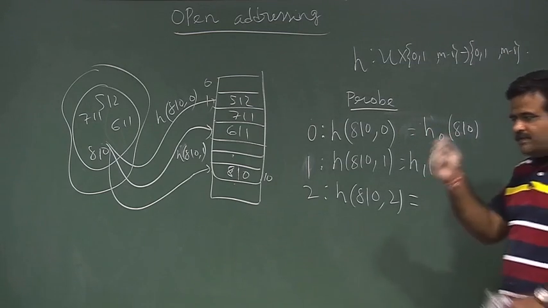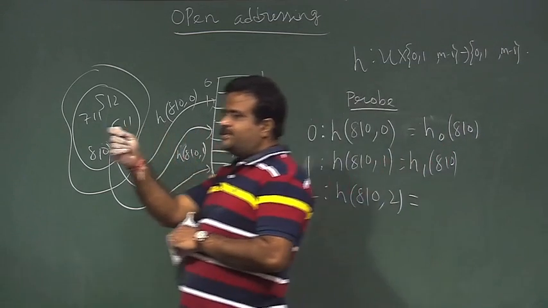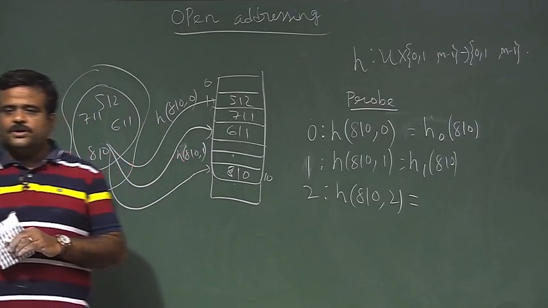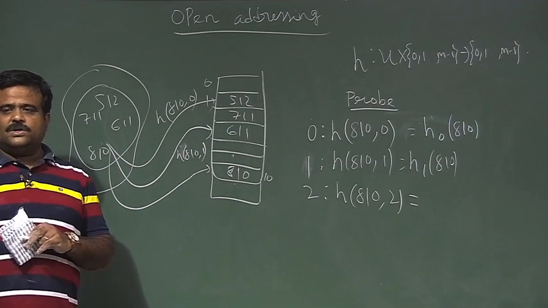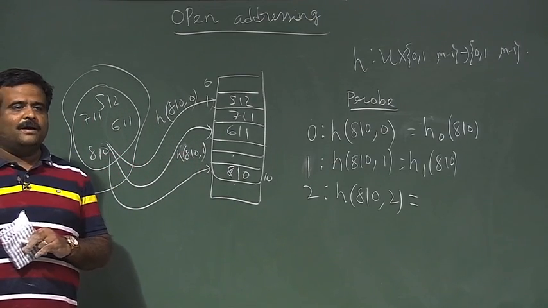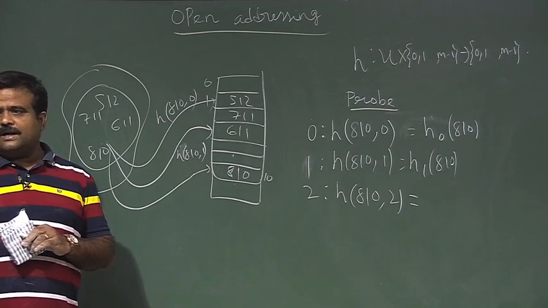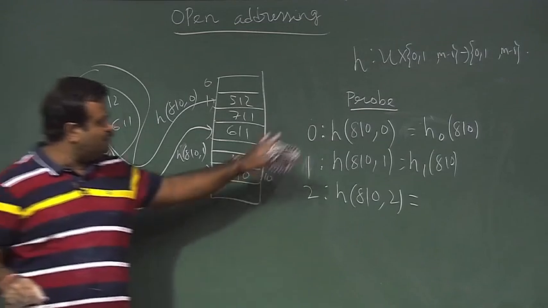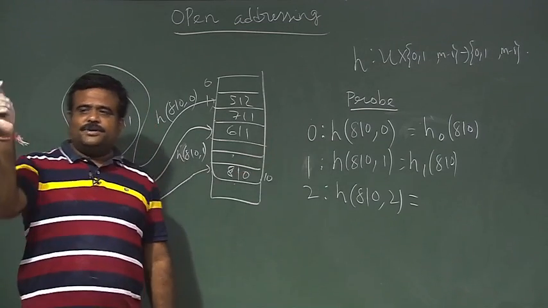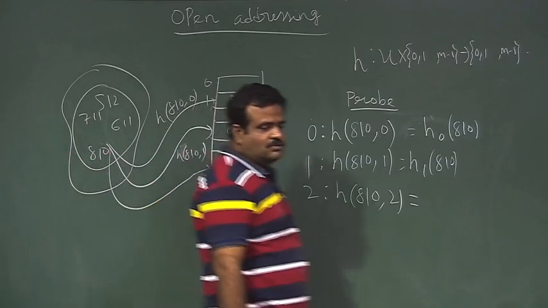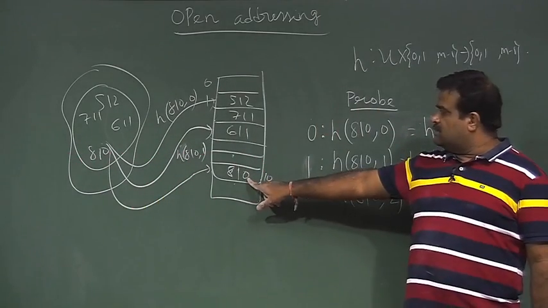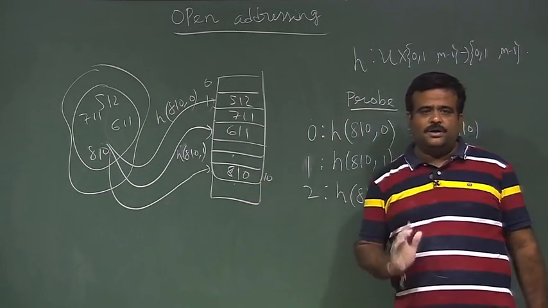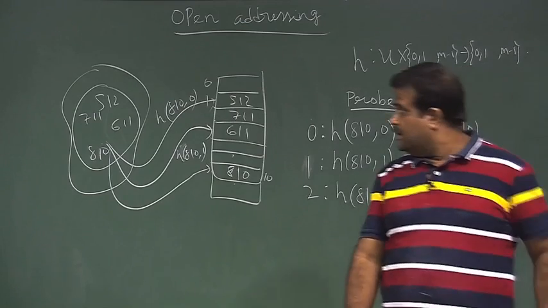If one function gives an occupied slot, we use the next hash function with the hope that we will get an empty slot, and we continue probing until we reach an empty slot. Once we reach an empty slot, we put the key there. This is the way we insert a key.